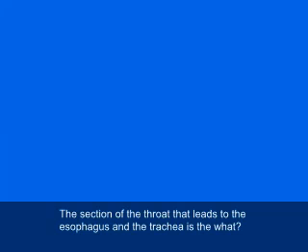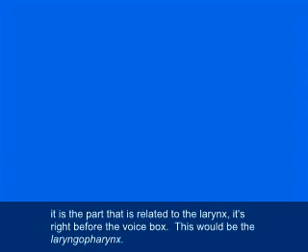The section of the throat that leads to the esophagus and the trachea is the what? That's a little tricky. Now we have to remember that the part we're talking about is the lower part. It's the third part. It is the part that is related to the larynx.